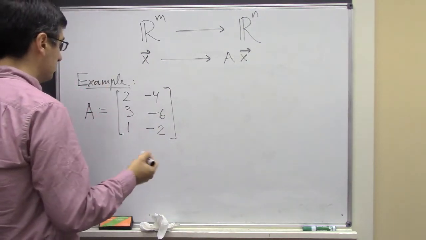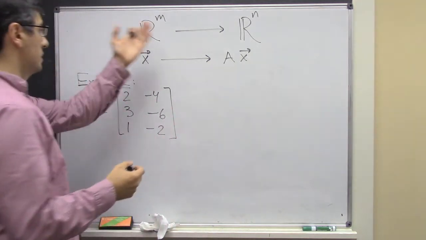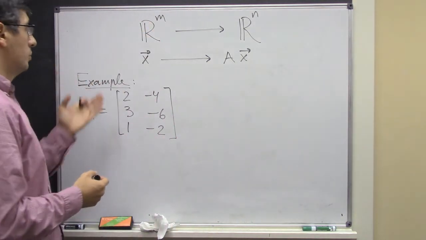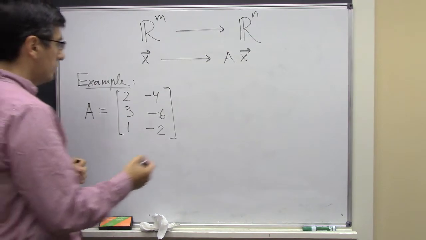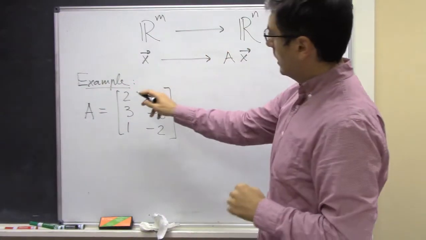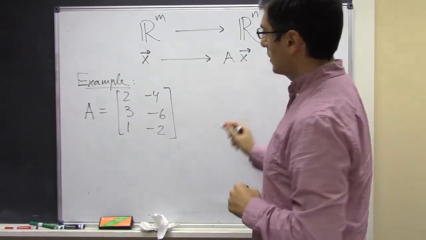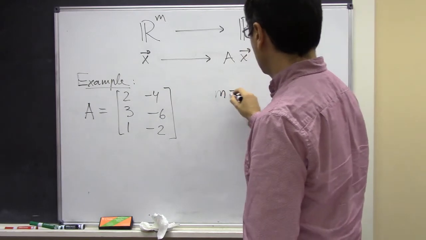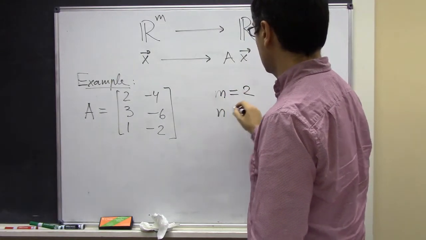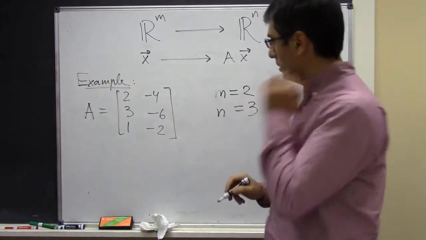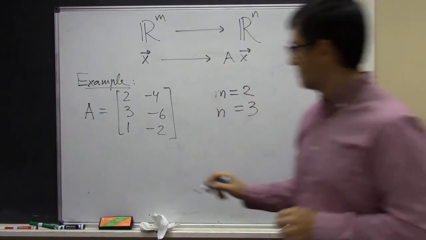And what's the map then? What is M, what is N? Well, M, remember, is the number of columns. So M is 2 and N is 3, right?